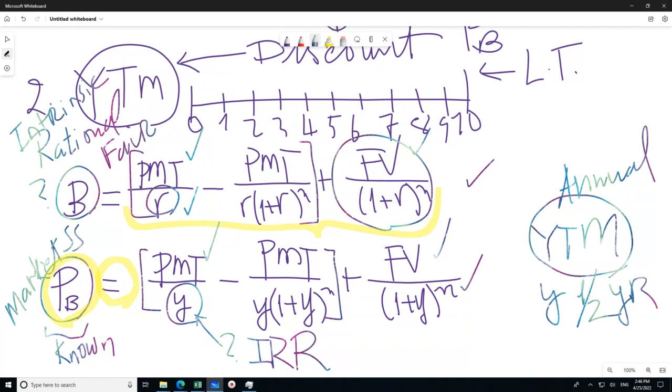Yield to maturity, they say it is a long-term return, long-term yield, whereas the current yield is the short-term yield. Not only that, but also mathematically it can be defined as the internal rate of return that makes the right-hand side equal to the left-hand side. Okay?